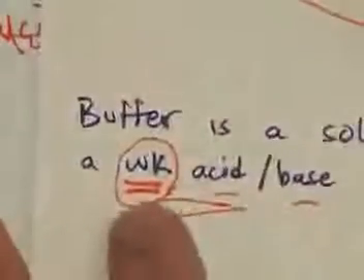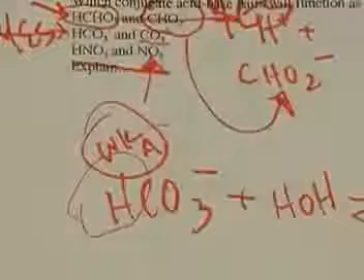Notice it has to be a weak acid or base. And what is HNO3? Well, HNO3 is a strong acid. A strong acid. And so no, this one cannot be a buffered solution.